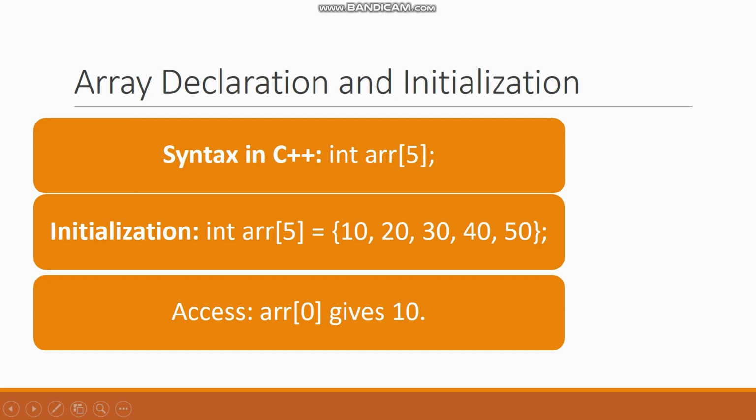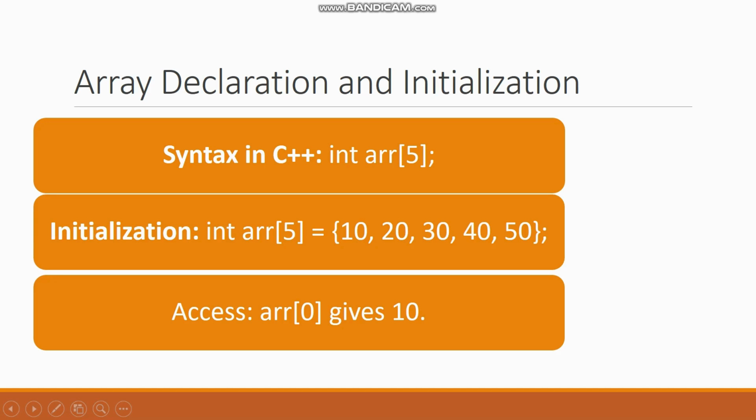And then the next part is access. That means if you want the first element of the array, you will write 0 in the square brackets. If you want the second element from the array, instead of 0 you will write 1, which will give you values like 10 or 20. Suppose you directly want the value at the fourth location, then you have to write 3.